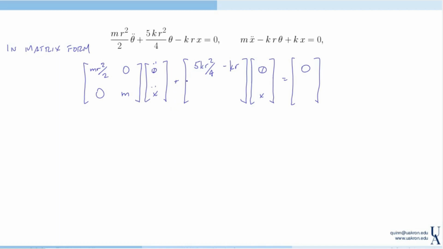So we have mx double dot, and then notice that this is minus k times r times theta, and then plus k times x equals 0. So here, this is the mass matrix, M. And then likewise, this is the stiffness matrix, which we define as K.